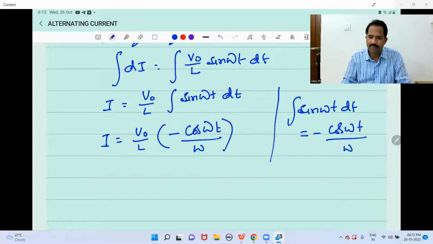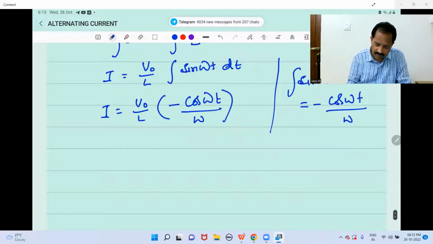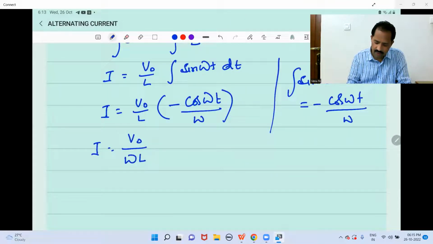It is a formula. You should know the integration formula. Now I can rearrange like this. I is equal to V0 by omega L into minus cos omega t.